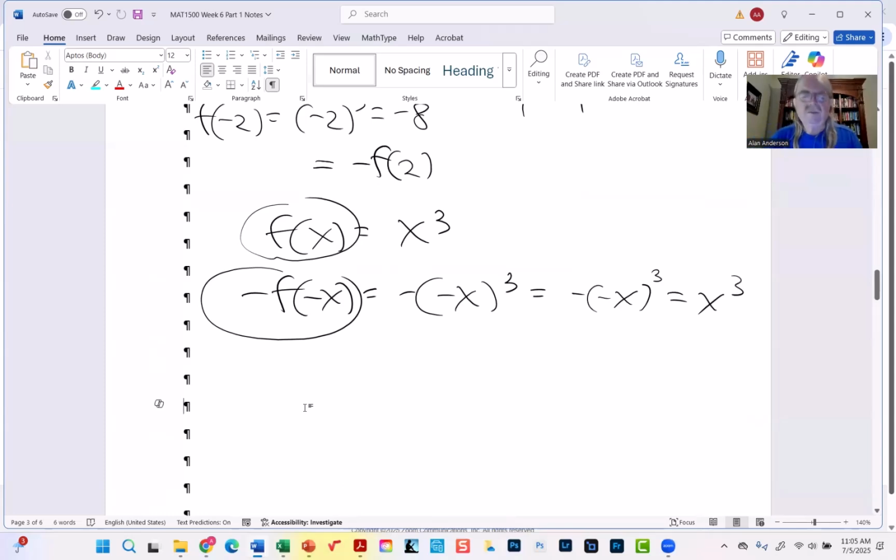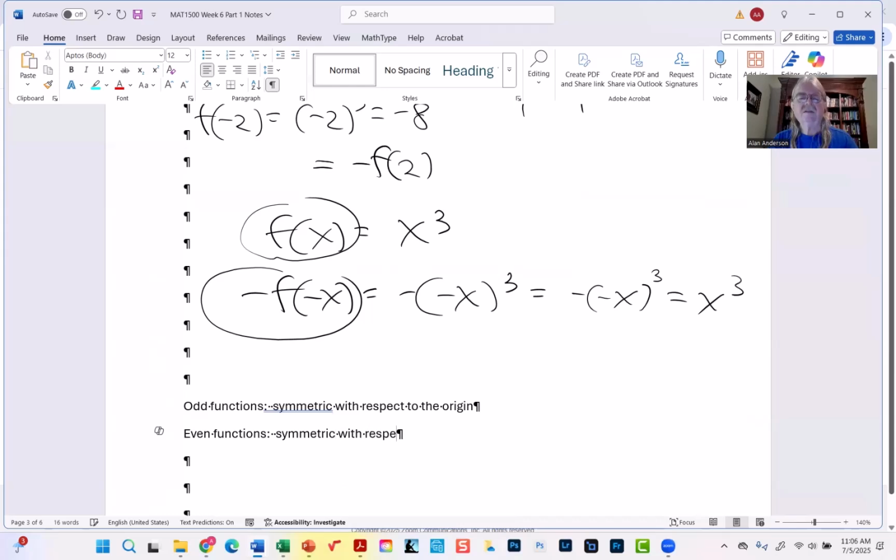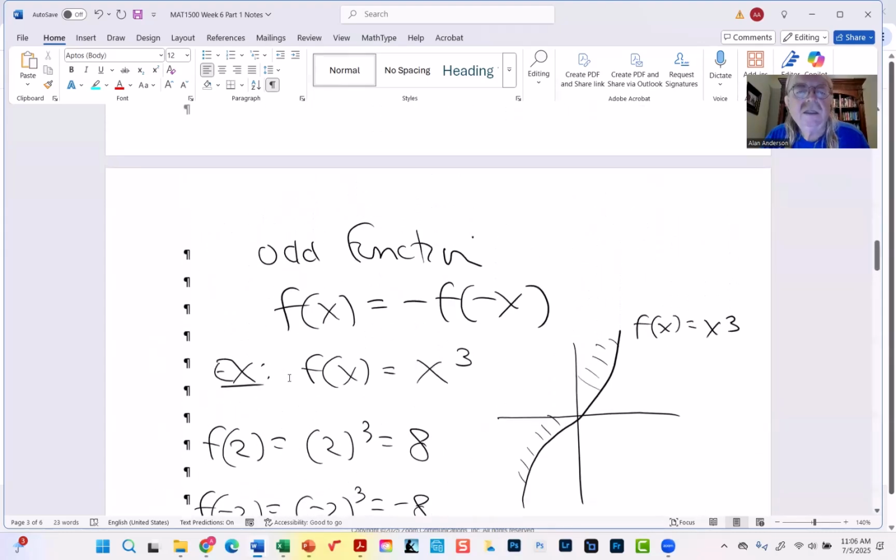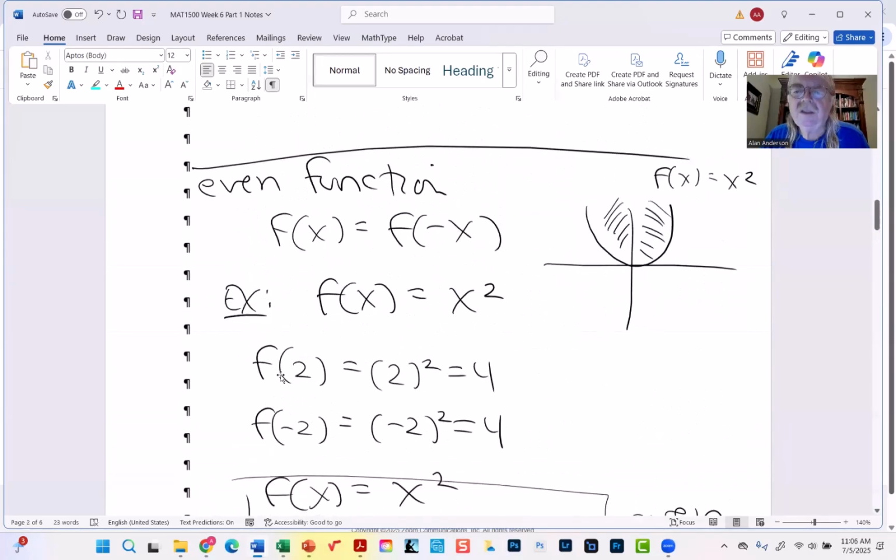All right, so I'll just mention that briefly here: odd functions are symmetric with respect to the origin, and even functions are symmetric with respect to the vertical axis. Okay, so now we remember what these are.